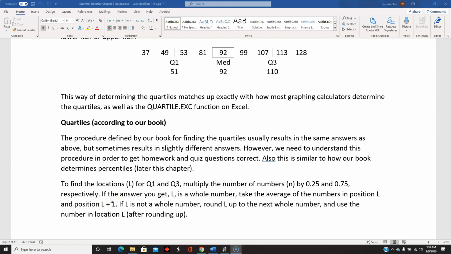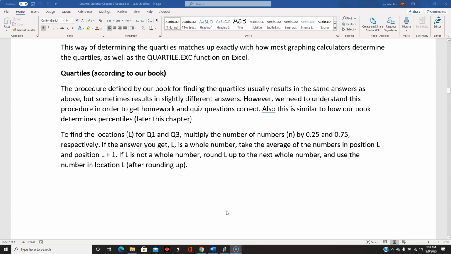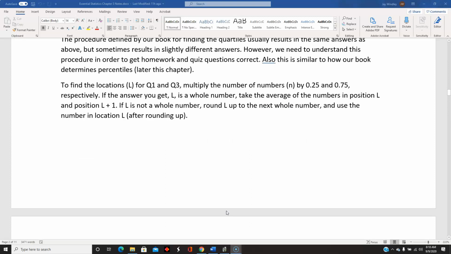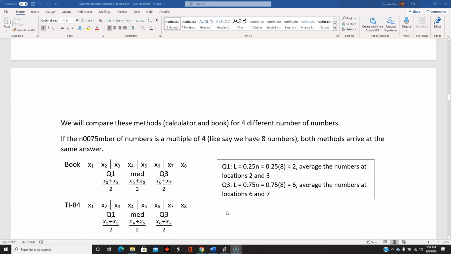If the answer you get for L is a whole number, then you're going to take the average of the numbers in position L and position L plus 1. If L's not a whole number, then you're going to round L up, not round it off, but always round it up to the next whole number and use the number in location L after rounding up. So I know that sounds very complicated. Let me demonstrate that 4 different times.